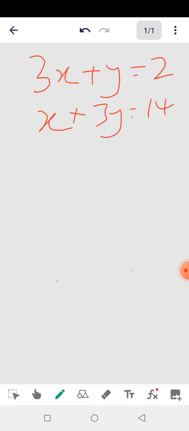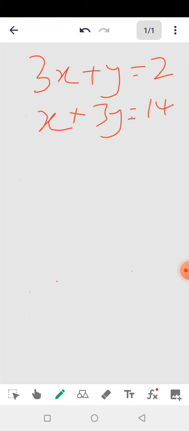They are not the same. In the first equation the coefficient of y is plus 1 and the coefficient of y in the second equation is plus 3. So whichever way we look at it, both variables don't have the same value. So in questions like this, if you still choose to use elimination method, then you can do something to it.